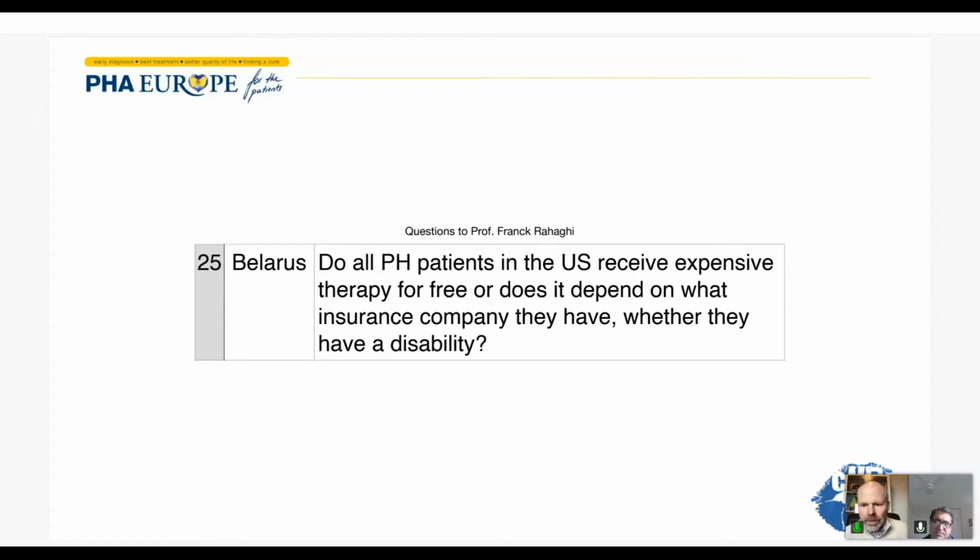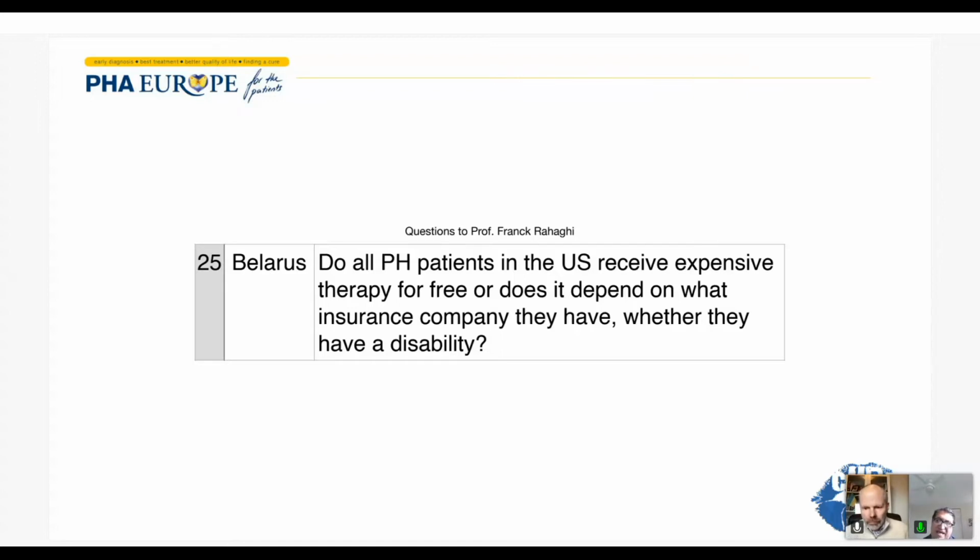Do all PH patients in the US receive expensive therapy for free? Or does it depend on what insurance company they have, whether they have a disability? Yeah, so no, they don't receive it for free. If you are over 65, the government will pay for 80% of the drug, whatever the price is, but then you get stuck with 20%.